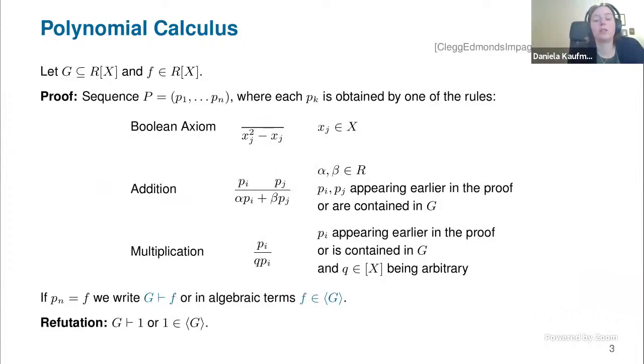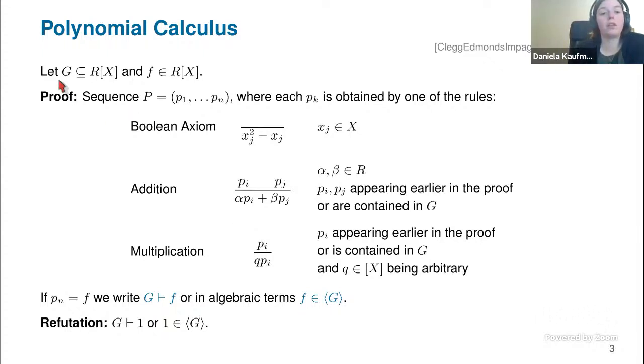So we are now concerned here with a proof system which allows us to reason over algebraic polynomial equations. And there is this, like in proof complexity, well-known algebraic proof system called the polynomial calculus, which allows us to write down whether a polynomial is contained in an ideal generated by a set of polynomials.